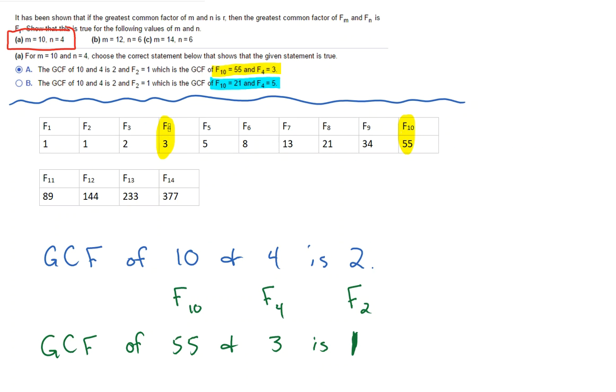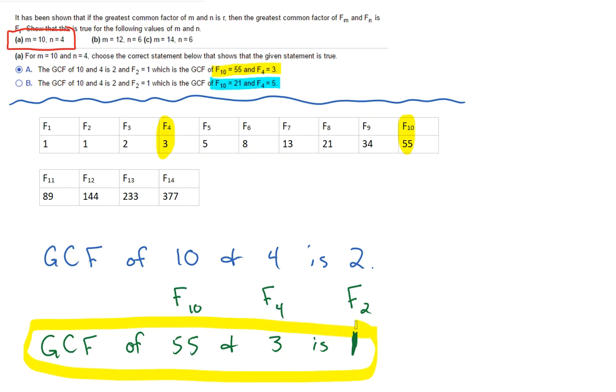So we don't even really have to figure out the GCF of these Fibonacci numbers. They didn't give us an option on that. The f sub 2 matched in both problems. What we really need to verify is that the Fibonacci numbers that they're giving us in the two options, which one are the correct Fibonacci numbers? Well, f sub 10 is 55.